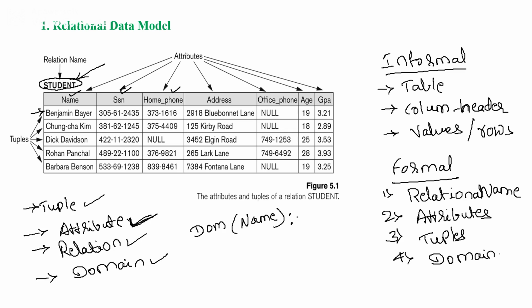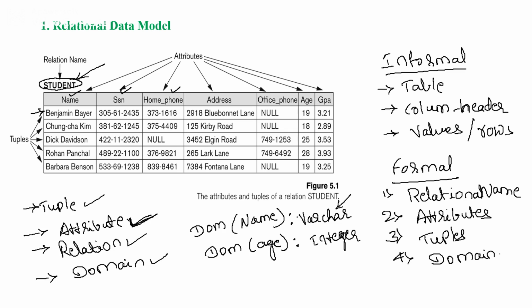For example, here if I declared it as a variable character, then this variable character is the logical definition of this domain attribute. Next, if I say domain of age, then age is described as integer. Integer is also a logical definition of that particular domain.